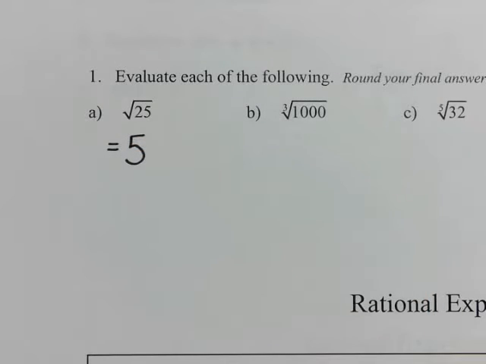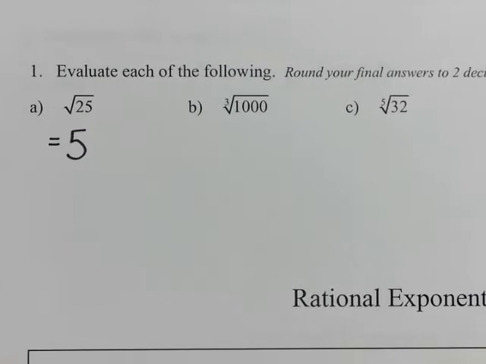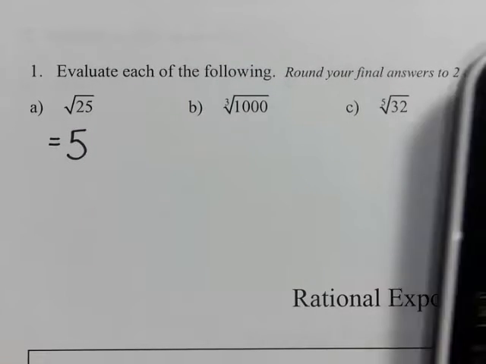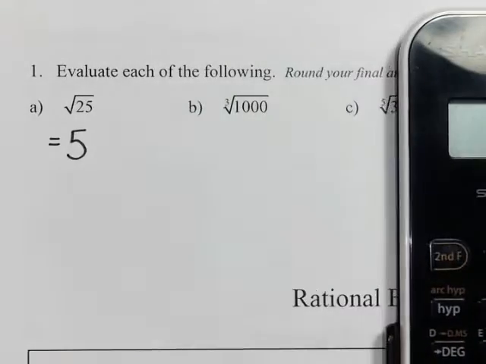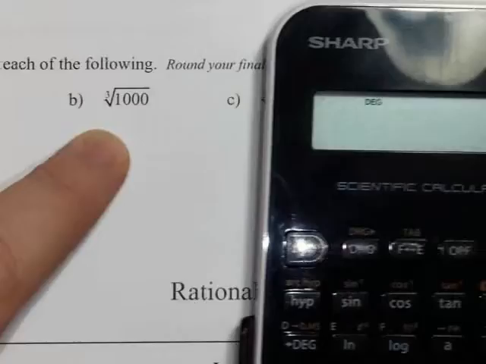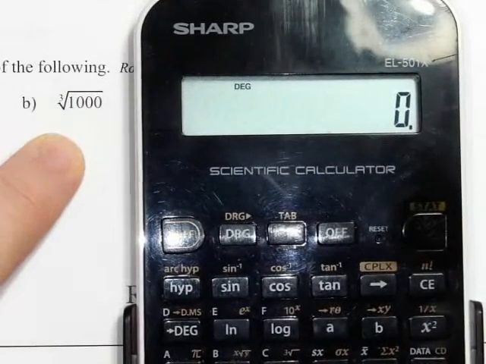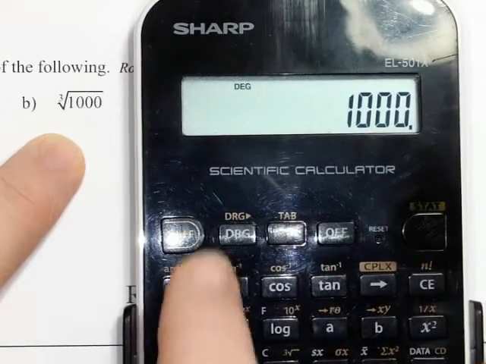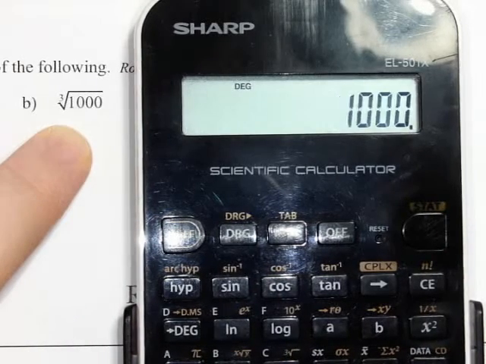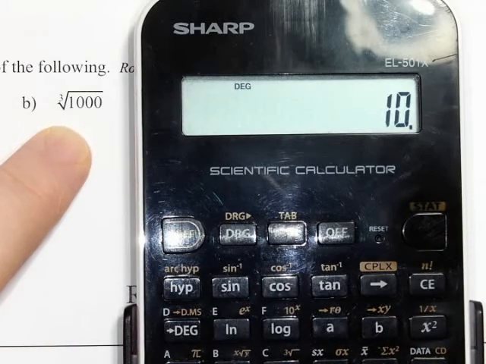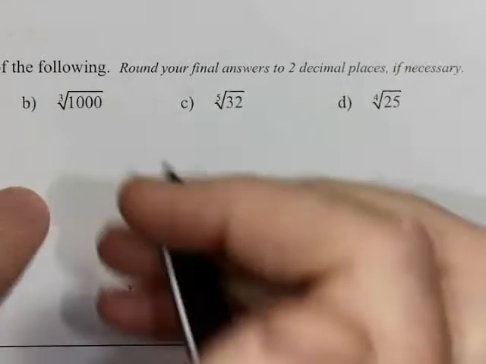For the next one, I have the third root of 1,000. I'm going to take my calculator. Now on this calculator, where I don't see what I type in, I have to put the 1,000 in first. So I would do 1,000 first, and then second, my exponent button, and then the 3 equals, and the answer is 10.